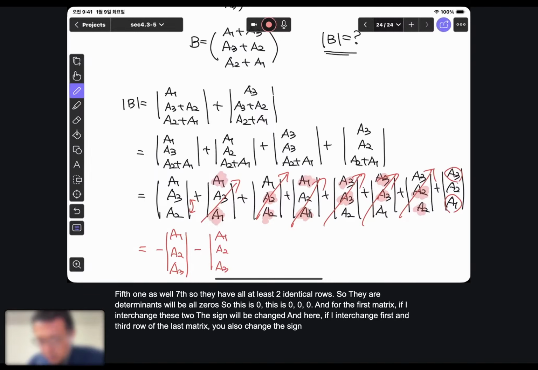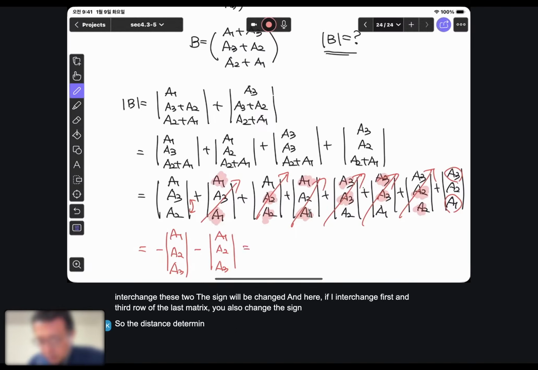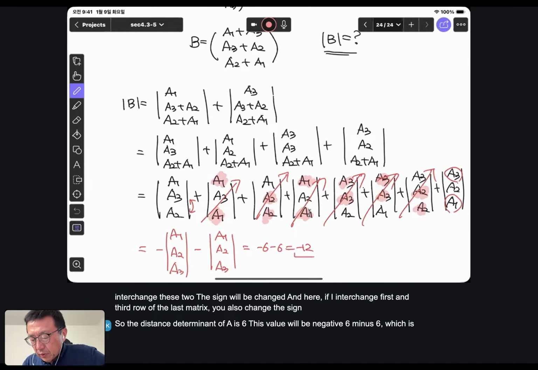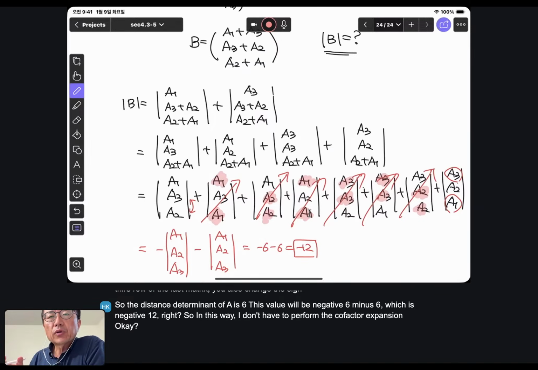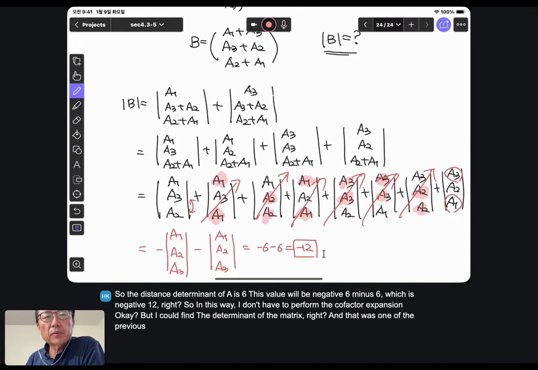So since the determinant of A is 6, this value will be negative 6, minus 6, which is negative 12, right? So in this way, I don't have to perform the cofactor expansion, but I could find the determinant of the matrix, right? And that was one of the previous exam problems.